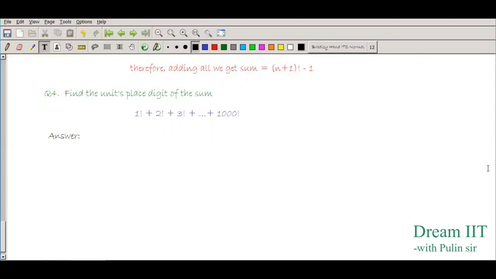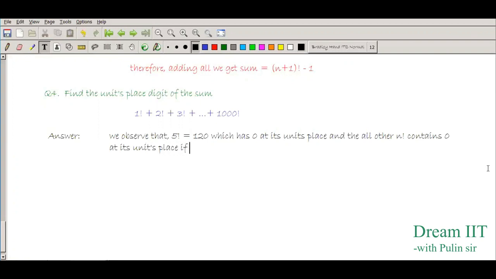So you just write it in this way. We observe that 5 factorial is equal to 120, which has 0 at its units place, and then all others, factorial n, contain 0 at the units place if this n is greater than 4.